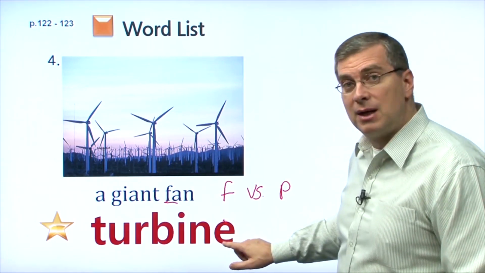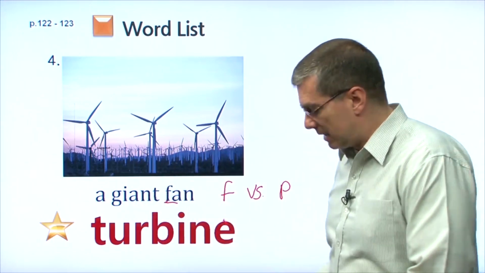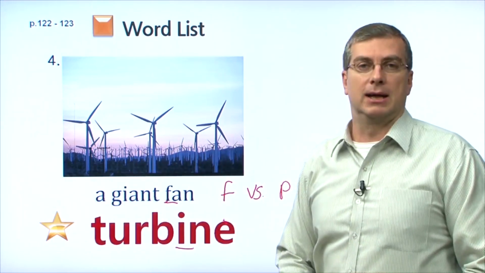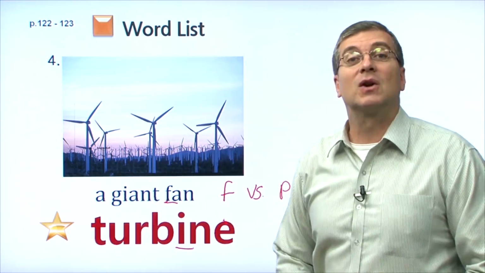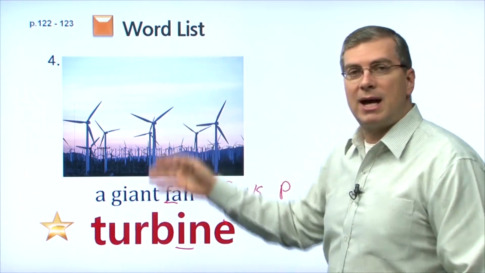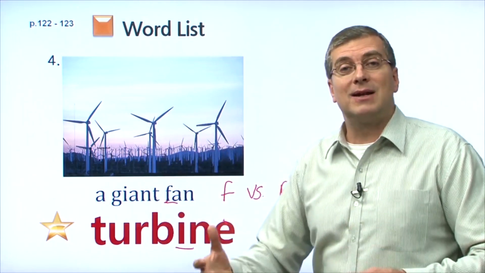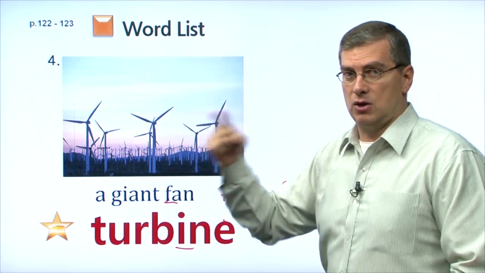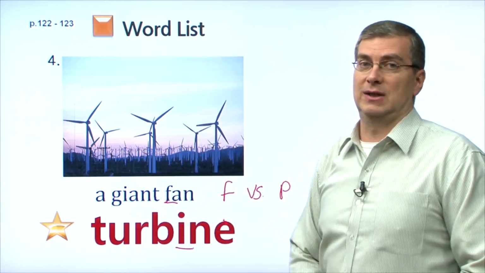But with the E, turbine. It makes the I a longer sound. Turbine. Let's practice. Turbine. Okay? So these are turbines. They generate, they make electricity. They turn wind energy into electricity.